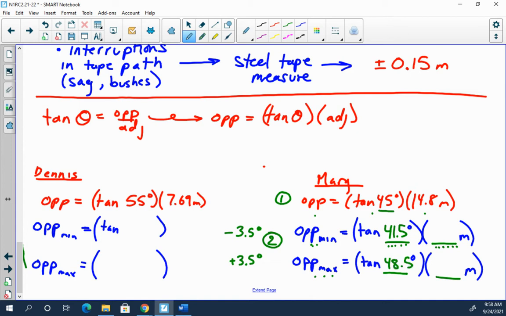So though Margaret's group got 45 degrees, we don't know that that is actually what the angle was. This is not make-believe stuff here. Based on our sources of error, the actual angle could have been as low as 41.5 or as high as 48.5. Fine. What about the base?